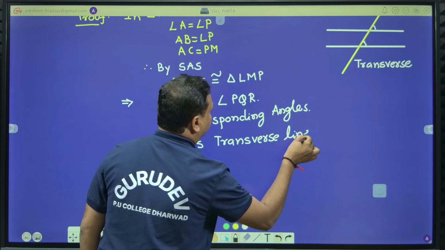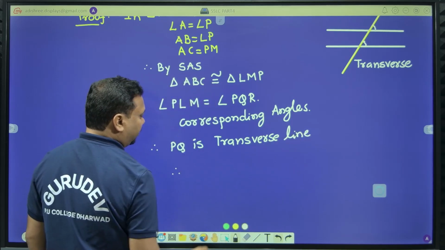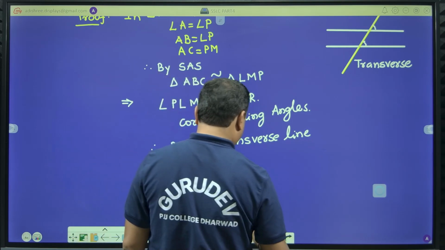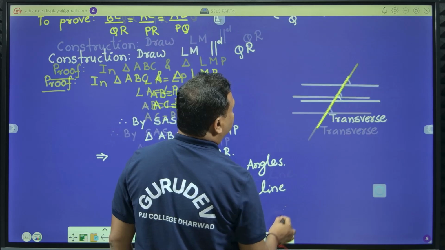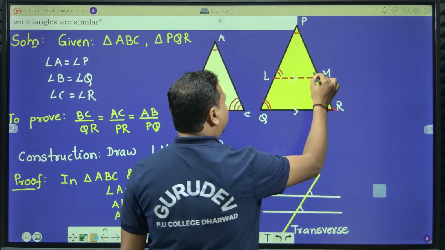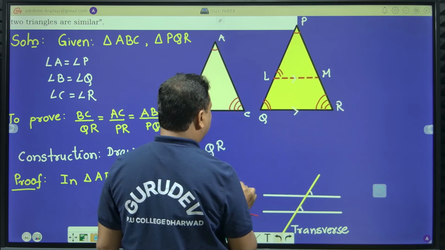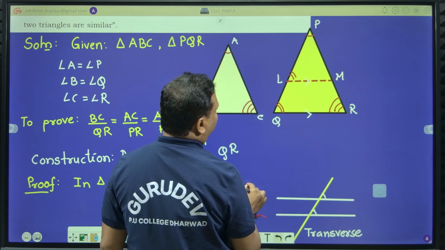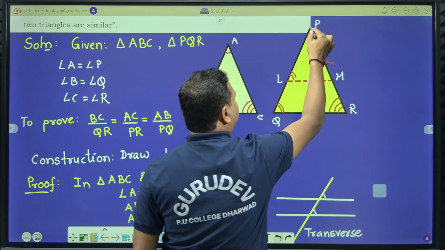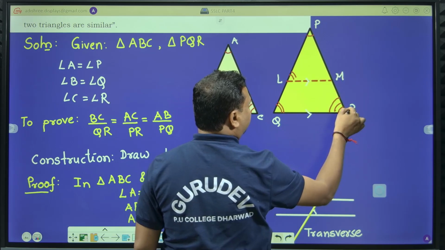Therefore, what can we conclude? This angle L is equal to angle Q and angle M is equal to angle R, isn't it? Therefore, what I can say is PL divided by LQ must be equal to PM divided by MR, right?